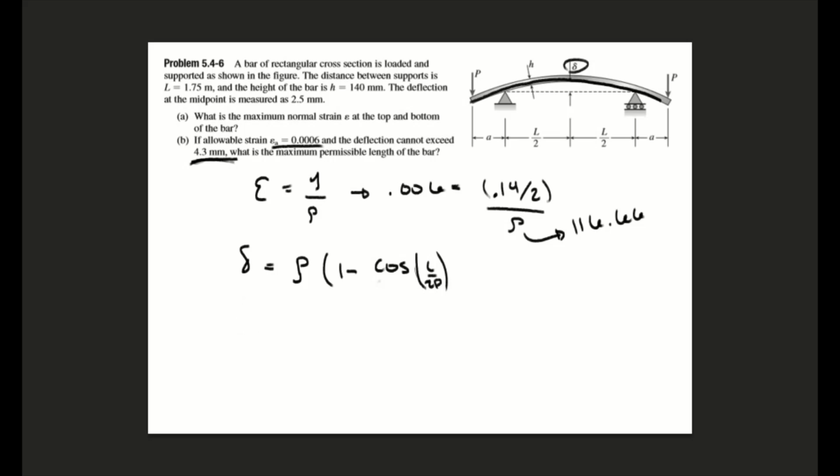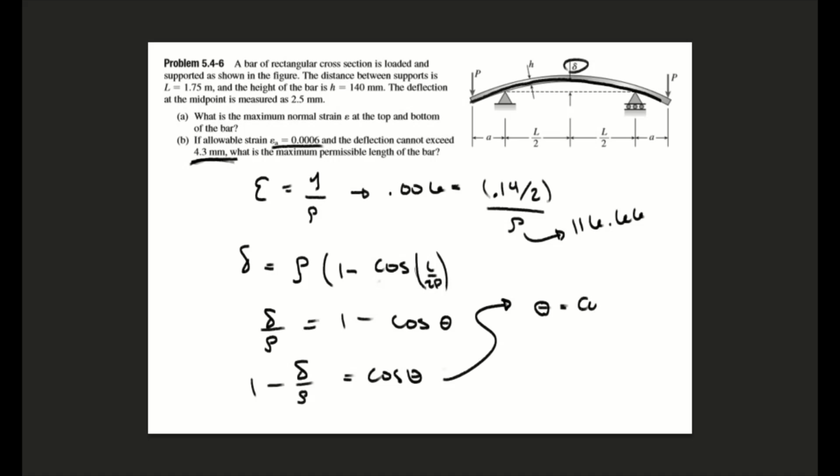Let's see. So you have deflection over rho is equal to 1 minus cosine theta. I'm just going to keep it as theta because it's easier to write. Simplify that out. So then we have deflection over rho is equal to 1 minus cosine theta, so cosine theta is 1 minus deflection over rho. Right, and then from there we get theta is equal to cosine inverse of 1 minus deflection over rho.